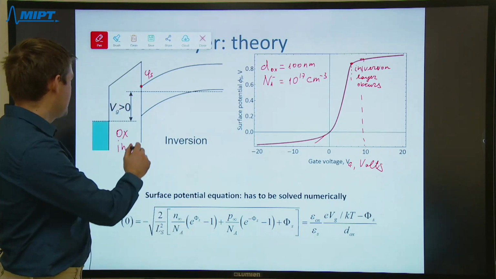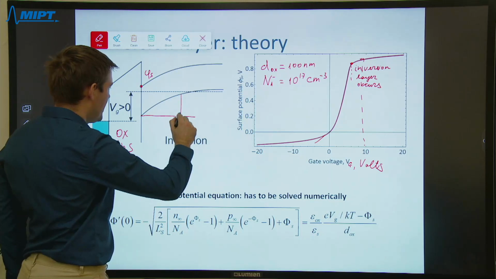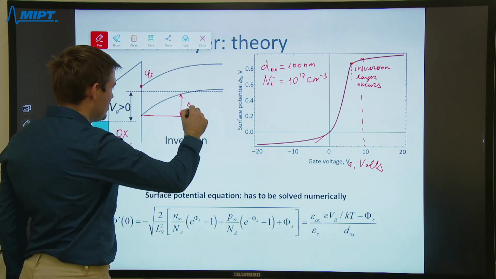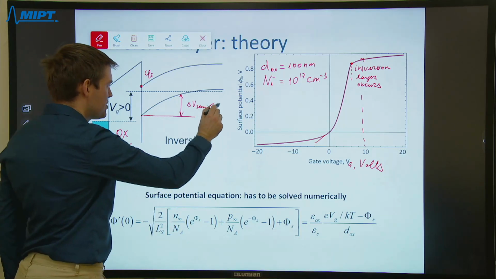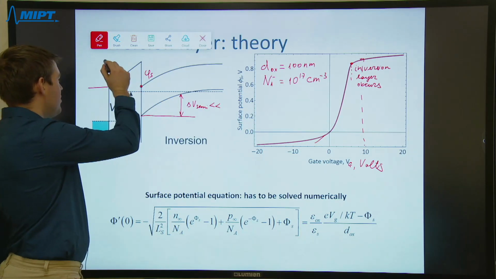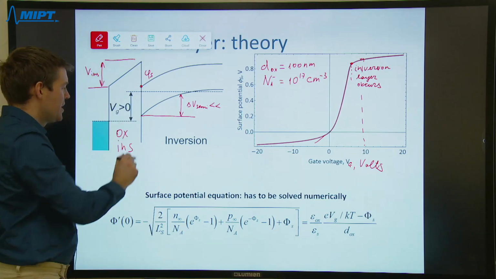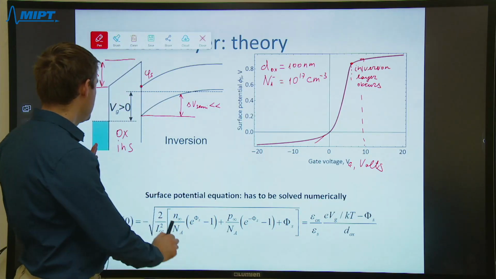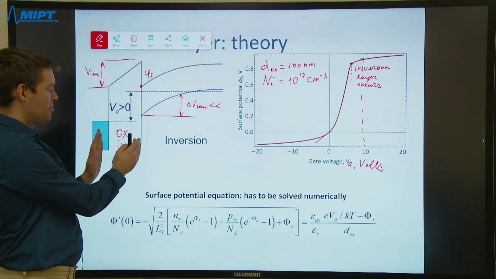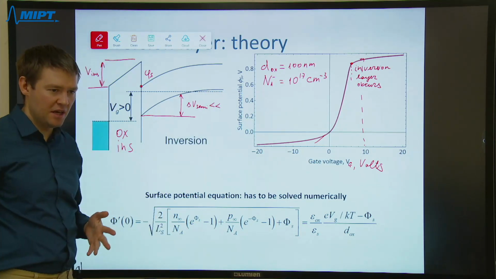It means that the voltage drop at the semiconductor is typically much smaller than the voltage drop at the insulator. So for example, we apply 10 volts altogether, and 9 of them roughly drop on the oxide side and 1 of them drops at the semiconductor side.